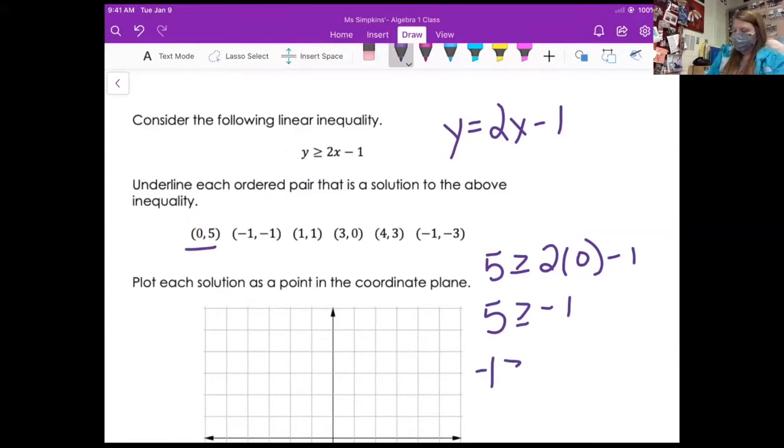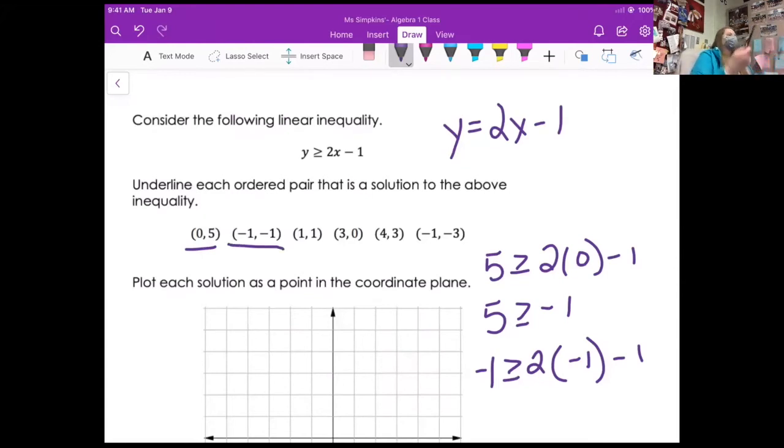Let's try -1, -1. So -1 is greater than or equal to 2 times -1 minus 1. So what does the right-hand side equal? -3. Is -1 greater than or equal to -3?